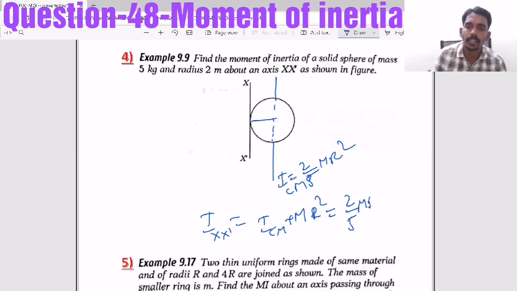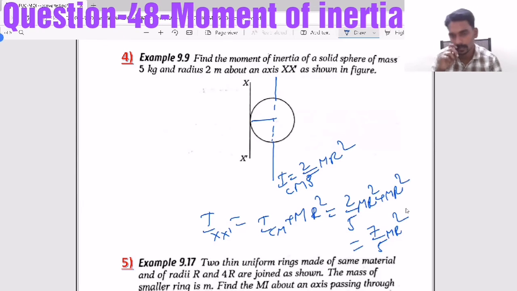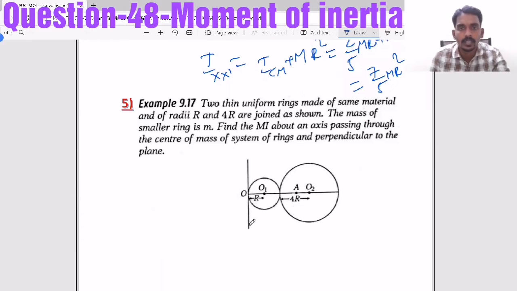So 2 by 5 mr square plus mr square will become 7 by 5 mr square. So this is how we find the moment of inertia using the parallel axis theorem for any object or for any combination of objects.